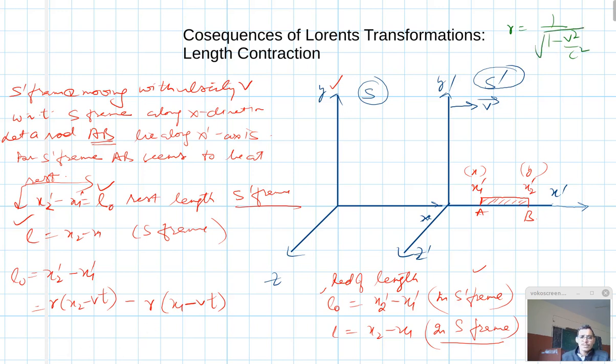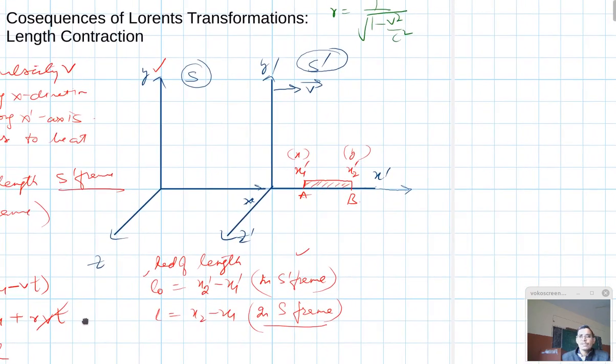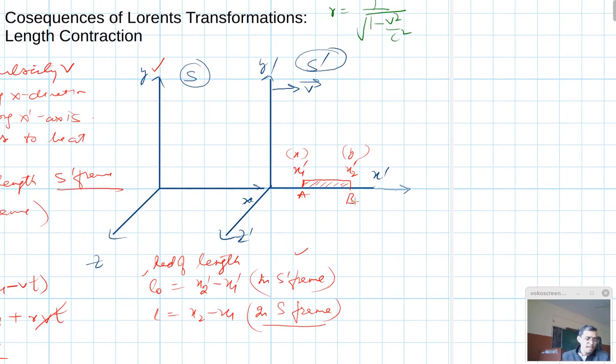So it is gamma x2 minus gamma vt minus gamma x1 plus gamma vt. The vt terms cancel out, so L0 must be equal to gamma times (x2 minus x1), or gamma L, right? Let me summarize the result: L0 is equal to gamma L.